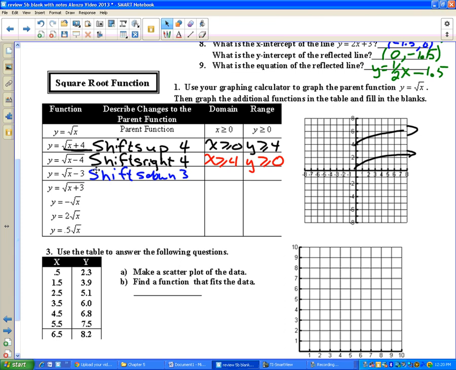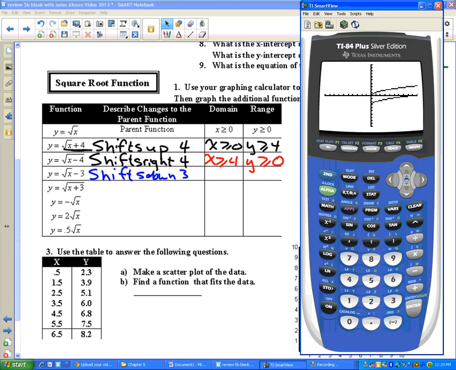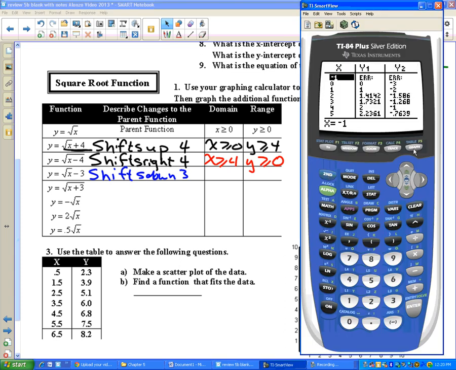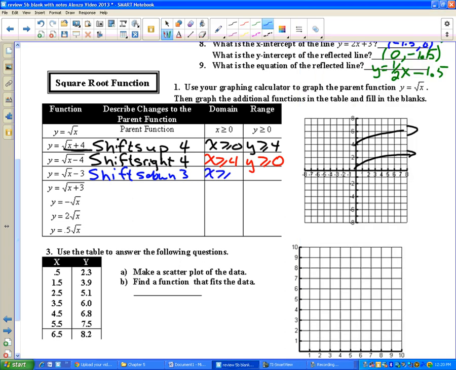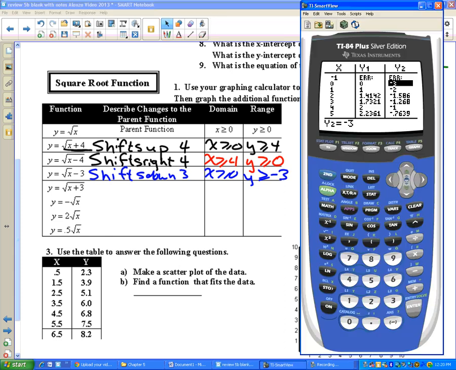Shifting down, this should change my y. So I'm going to hit second graph to go to my table. So here's error, so my x is greater than or equal to 0, my y is greater than or equal to negative 3. All right, let's do the next one.